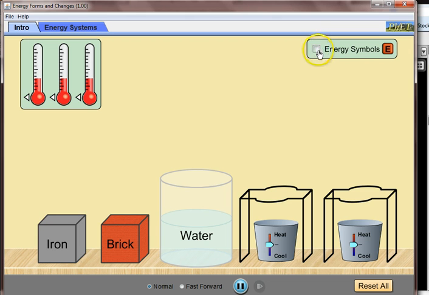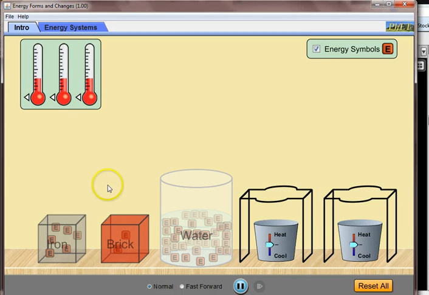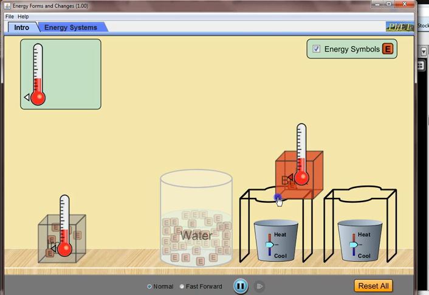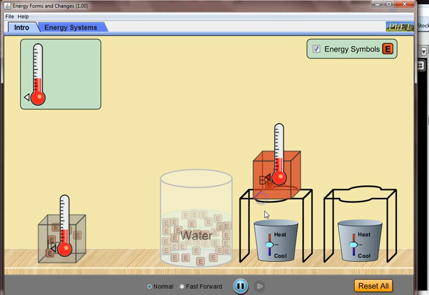I think it works better if you put it like this. Alright, so let's take the temperature here, take the temperature here, heat the iron block.